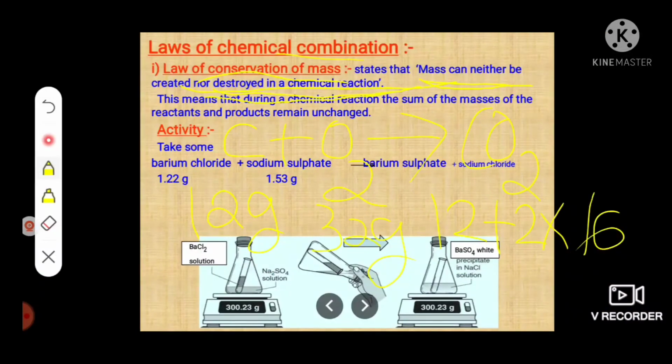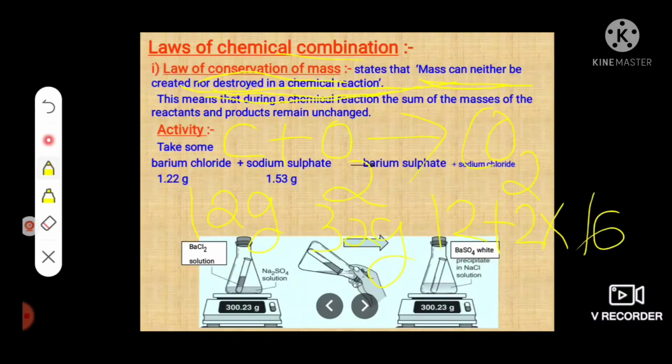Let us check on the reactant side. Reactants are carbon and oxygen. The mass of carbon is 12 gram and oxygen is 32 gram.